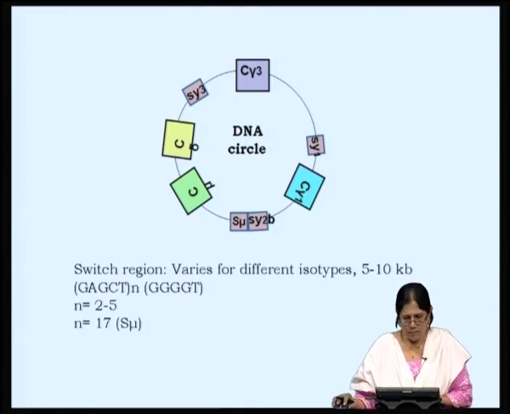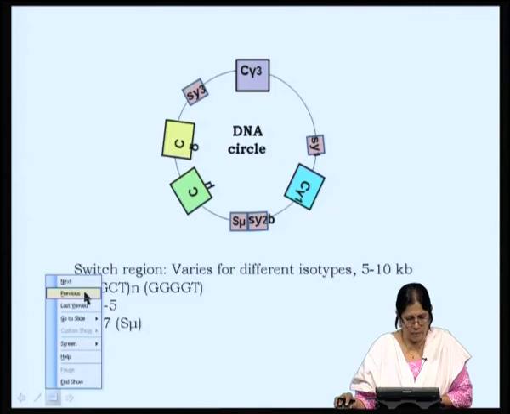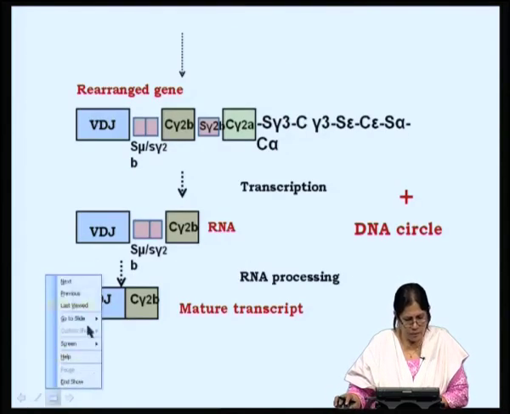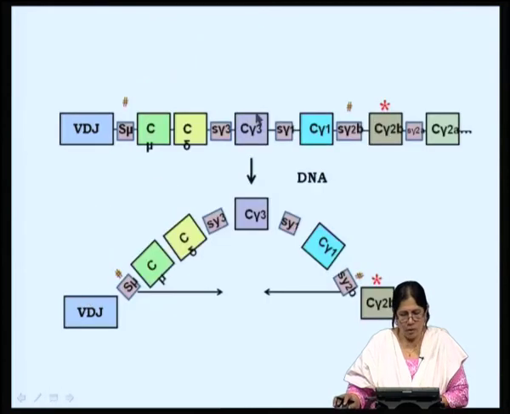Let us also look at something interesting. If the cell has already undergone switching from mu to IgG1, then this memory cell can further switch from IgG1 to, let us say, IgG2A, or, what is not shown here, immunoglobulin alpha.